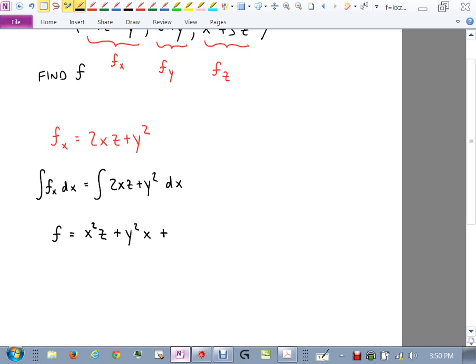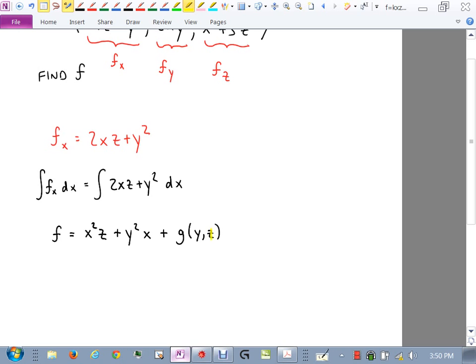So what I'm going to say out here is instead of a constant, I can't use constant, I'm not going to say g of y like I did in the previous problem because I also have z's. So I'm going to say g of yz. Whatever's out here could be a function of two variables, but just y and z. With me?